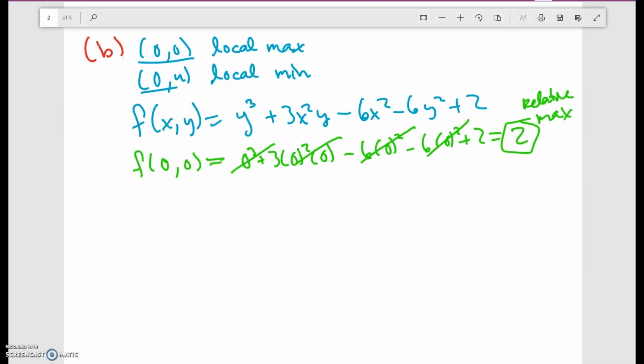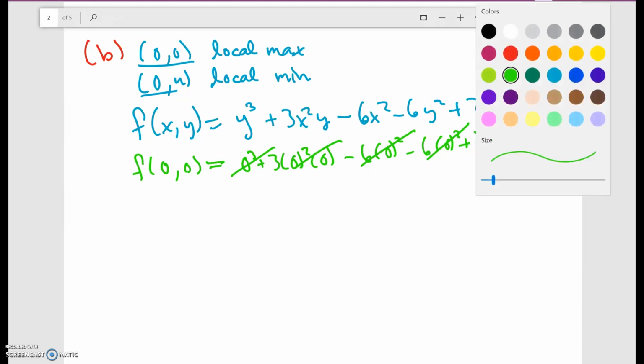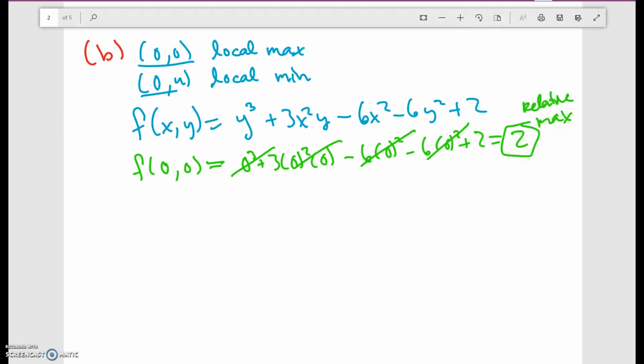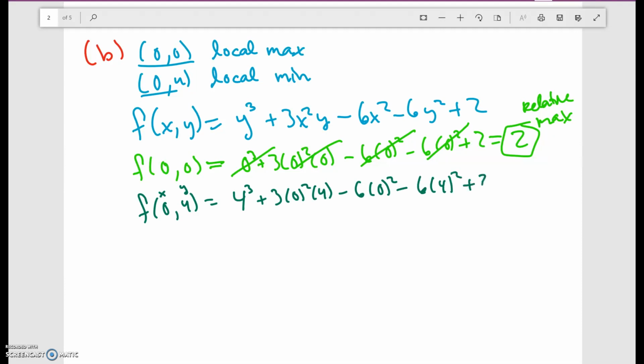Now which one is going to be my minimum point? What I'm going to do is plug in (0, 4). So this is my x and this is my y. So this is going to give me what? I'm going to have 4 cubed plus 3 times 0 squared times 4 minus 6 times 0 squared minus 6 times 4 squared plus 2.